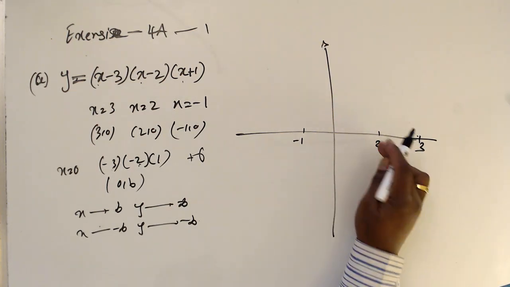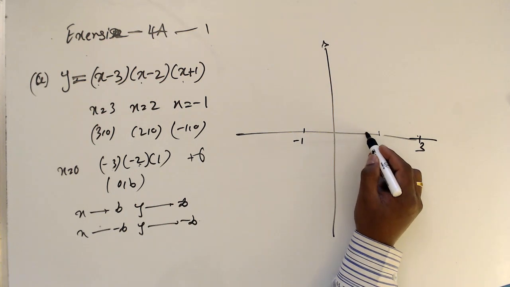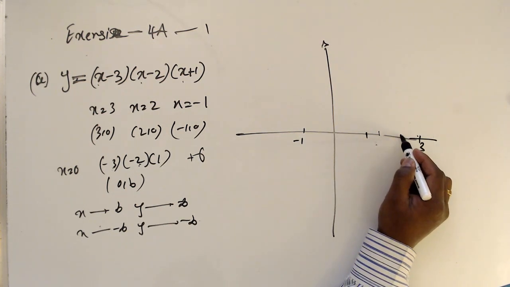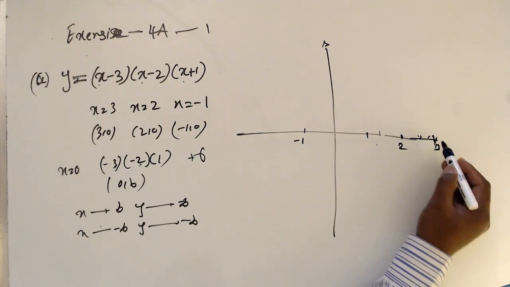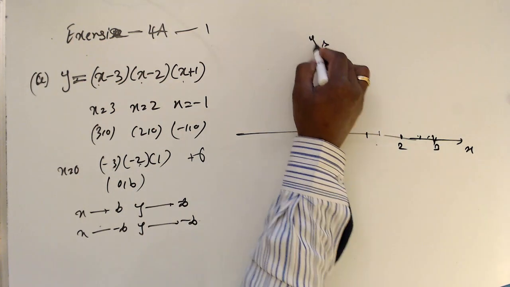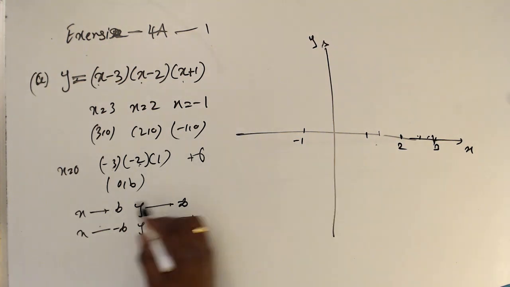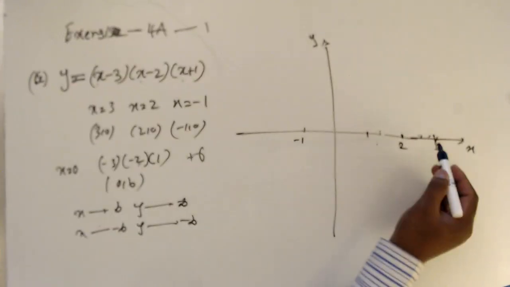The scale is not right, not good. 1, 2, 3. X and y, and I know it will go through like this.